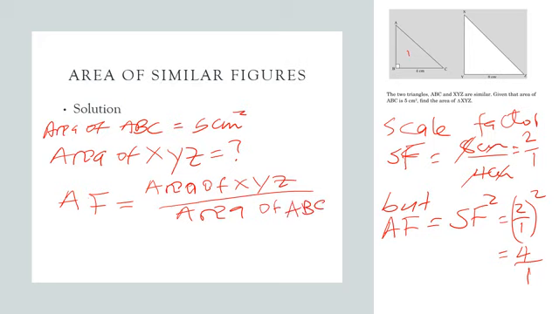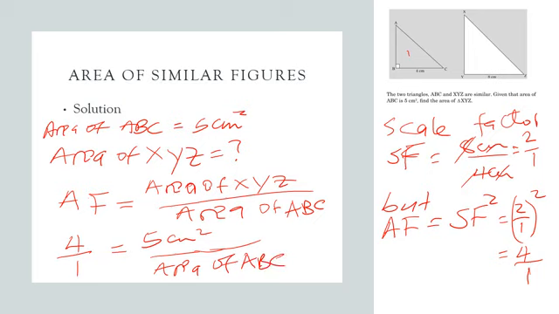And our area factor, we know that it's 4 over 1, which will be equal to the area of XYZ over the area of ABC, which is 5 centimeters squared. Sorry.